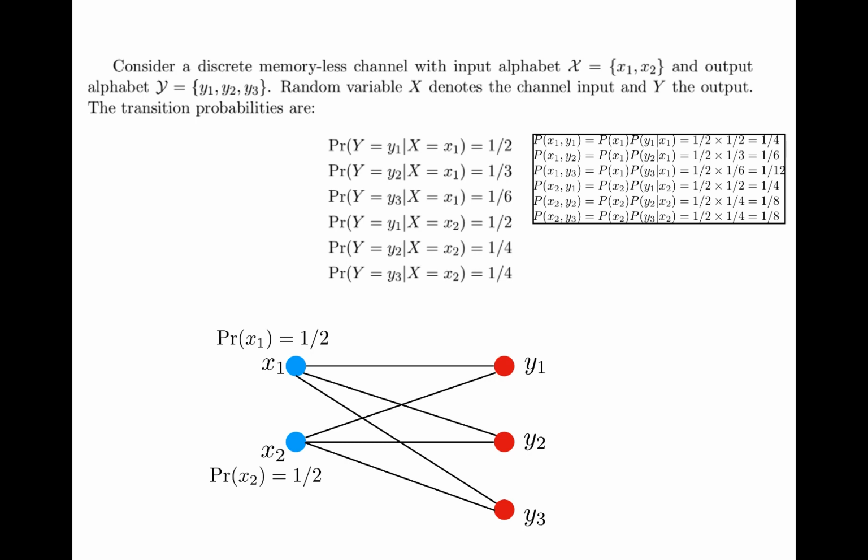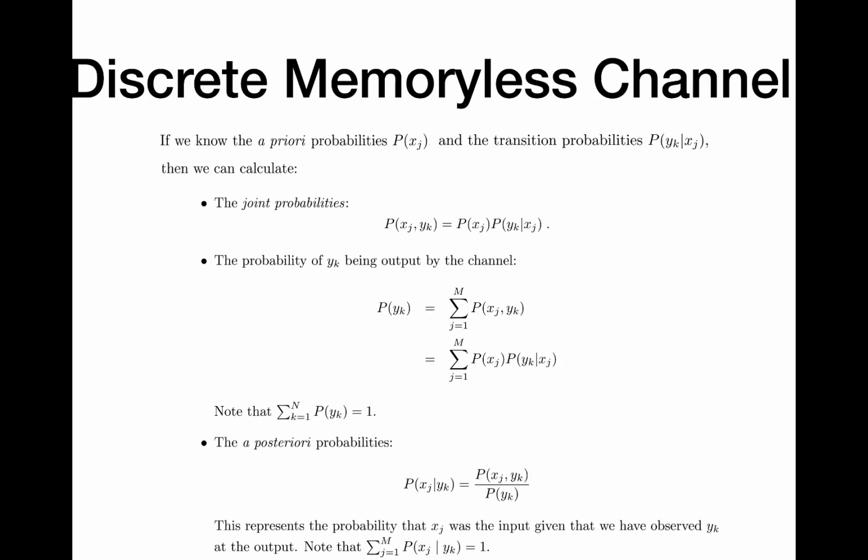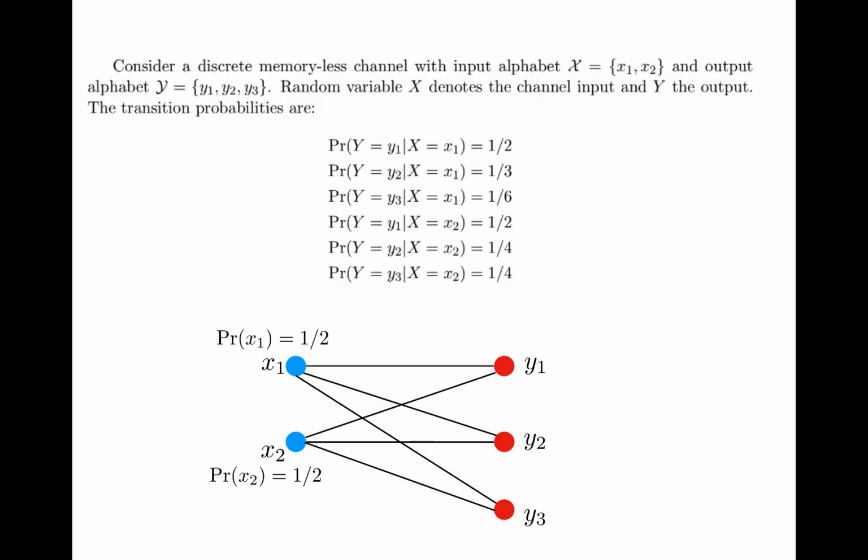This step is the same as the first step in this slide. So we are actually calculating the joint probabilities, probability xj comma yk, from the input probabilities or a priori probabilities and the transition probabilities. Here my a priori probabilities are given, probability of x1 and probability of x2, both are half, and my transition probabilities are given, all those 6 values that you can see.